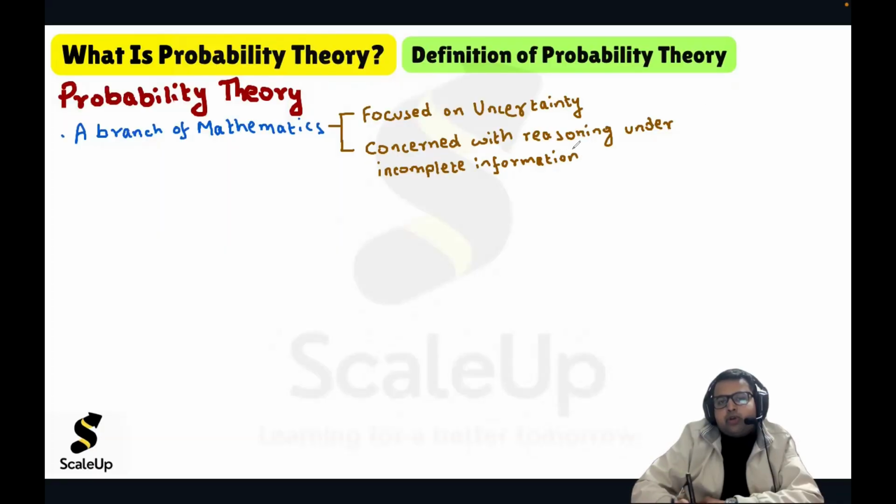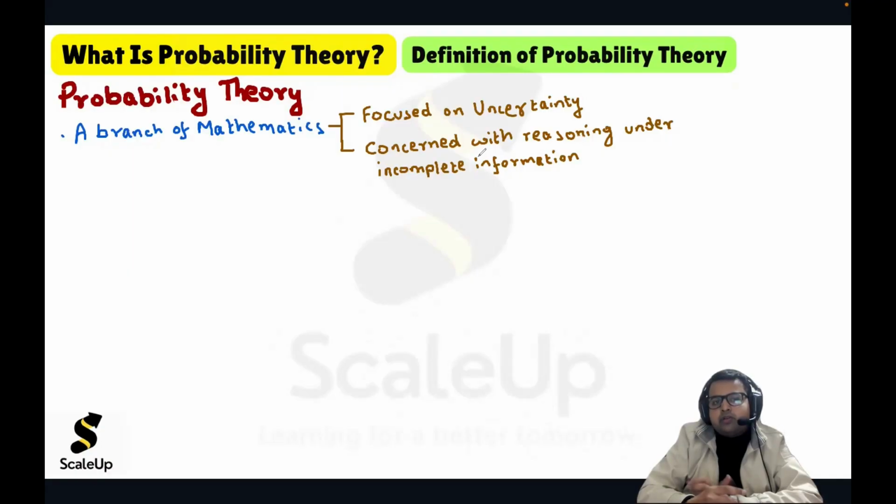Now that's the beauty of probability theory. Whatever information we have, whatever output the machine learning model predicted, it's uncertain. We are dealing with incomplete information because we already saw in one of the lectures that while we are training the model, we are not taking all the possible data, rather we are taking a sample of reality.